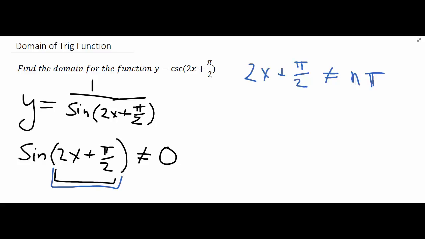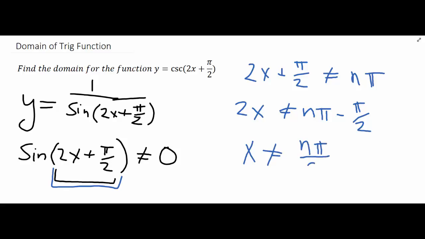And now I can solve for x and say, okay, that means 2x can't equal some multiple of pi shifted by pi over 2. So any x that I use can't equal n pi divided by 2 minus pi over 4. So any multiple of pi over 2 shifted by pi over 4 will not be in the domain of this function.